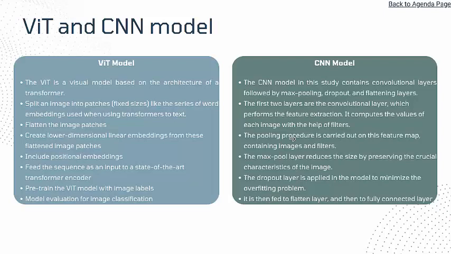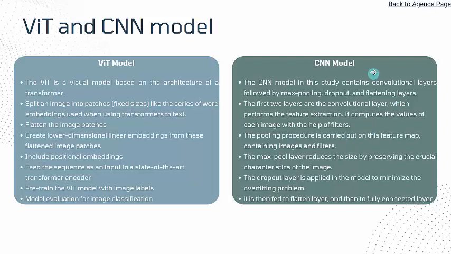We split the image into patches. We flatten the image patches, create lower dimensional linear embeddings, and then include the positional embeddings. We feed this sequence into the transformer encoder, and we pre-train the ViT model with image labels. Then comes model evaluation and classification.